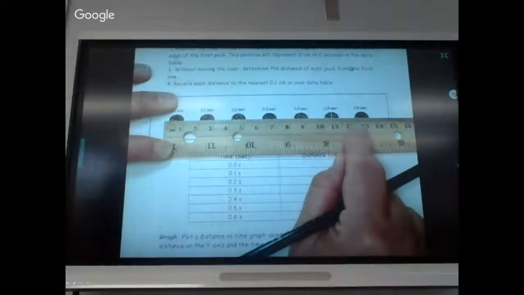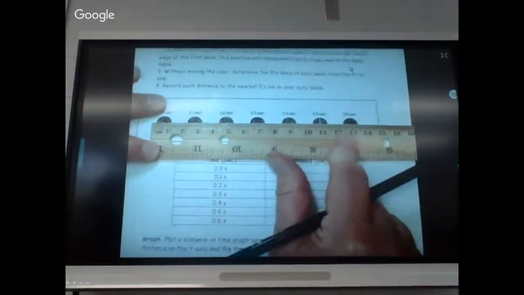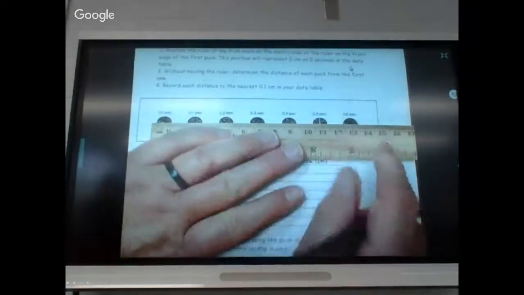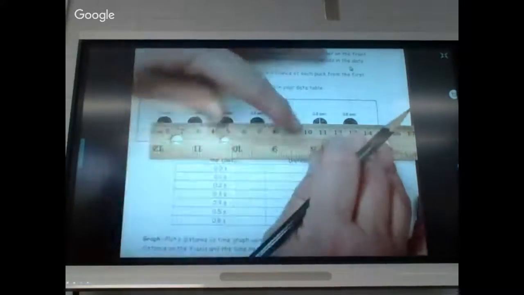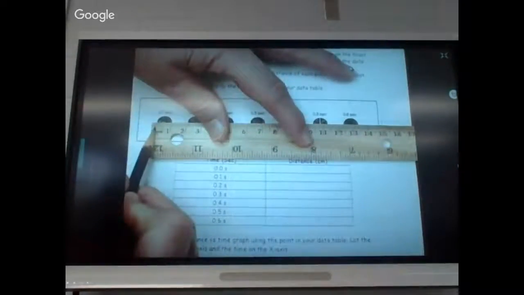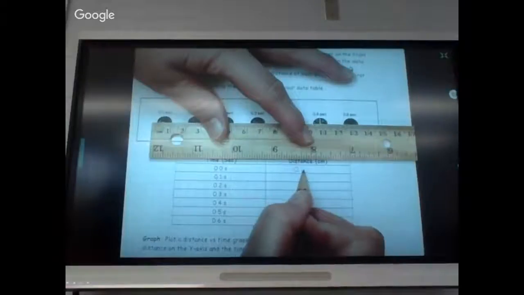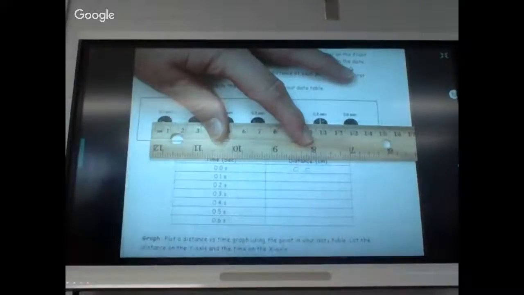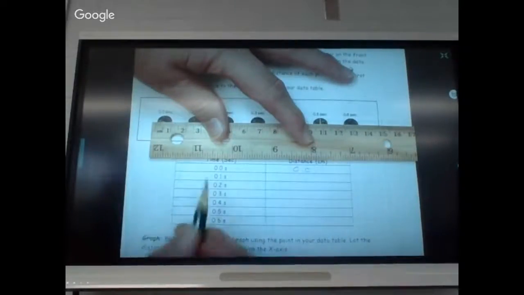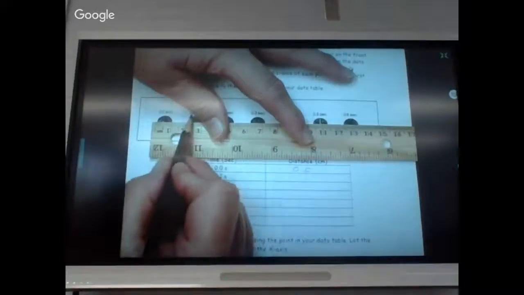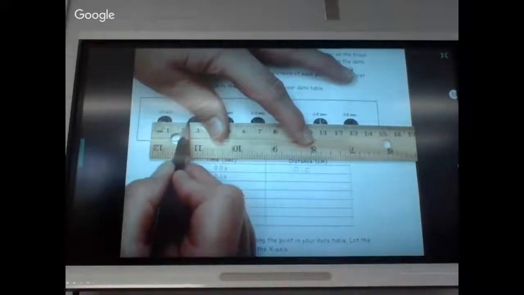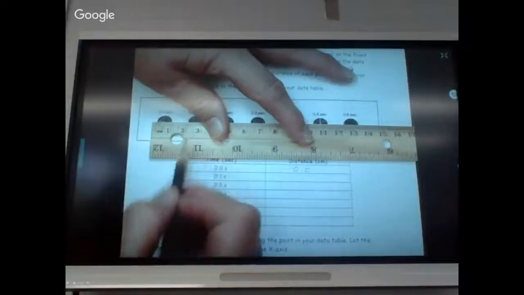Obviously, I'm going to let you out of your chairs to find a partner in a second, so you're going to have to lift it. Now, what is the distance at 0 seconds? Right here at 0 seconds, it's 0. So you're going to write 0.0 right there. Now, at 0.1 seconds, what's the distance here? 2.30.